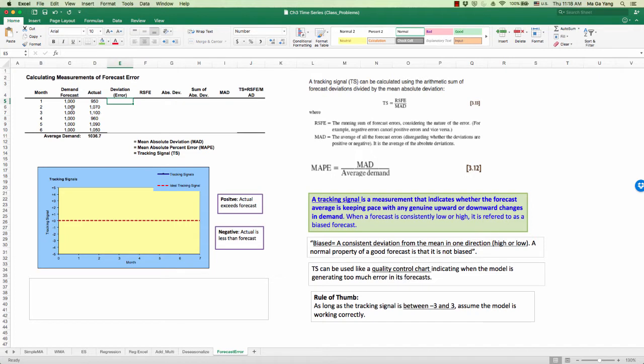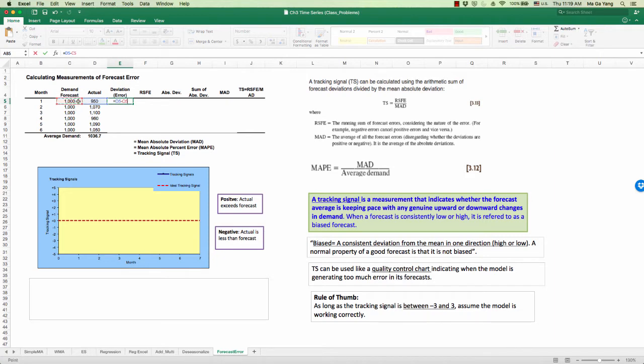So number one here, there's actual demand, and they assume that our demand forecast is 1,000 units over the 6 period of time. So let's find out the deviation. Deviation is your actual demand minus forecast value.